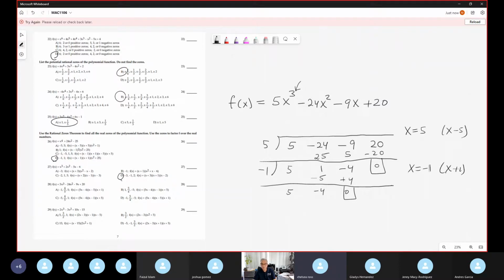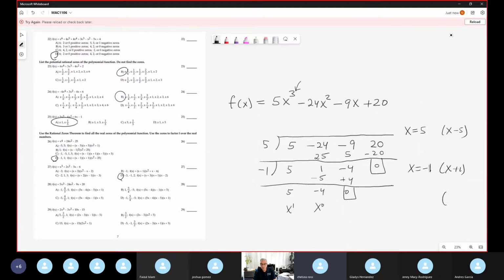Remember, the sign of the zero is opposite the sign of the factor. I suppose you understand why, no? And the last one is degree 1, because you have degree 3, and in the first synthetic division you reduce to degree 2, in the second synthetic division you reduce to degree 1. This is x to the 0, this is x to the 1.